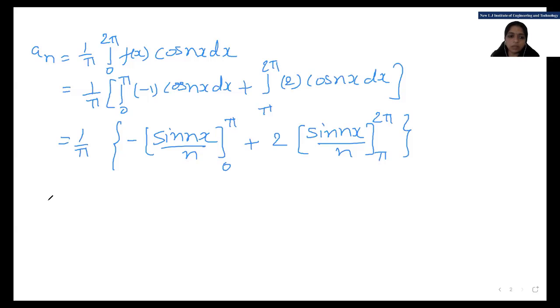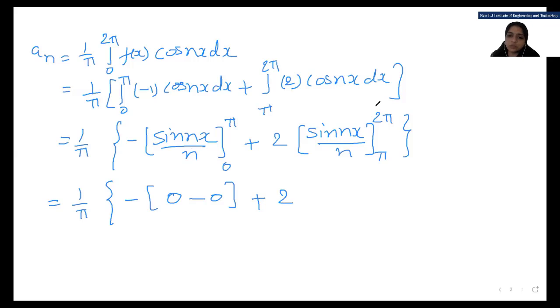Okay, now 1 by pi, if I substitute the upper limit, that is sin n pi, and as we know sin n pi is 0, so 0 upon n is 0, and if we substitute the lower limit, sin 0 is also 0, so both values are 0 plus 2.